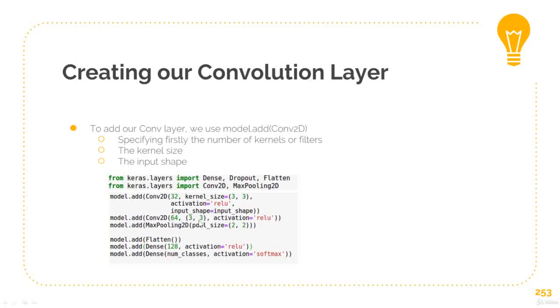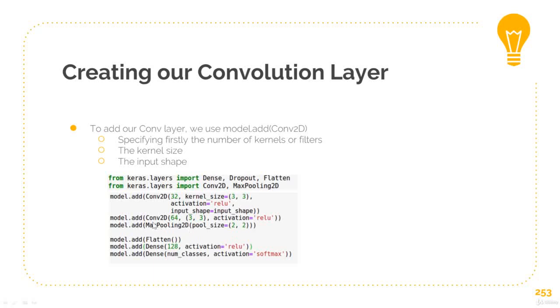It knows that the second parameter is kernel size, so it's 3 by 3, and again, activation ReLU. And you've noticed, we don't need to specify an input shape here. And do you know why? That's because this layer is directly connected to this layer. So it takes the output of this layer, and it knows the output, so the output of this layer is effectively the input into this layer. So we no longer have to declare inputs anymore.